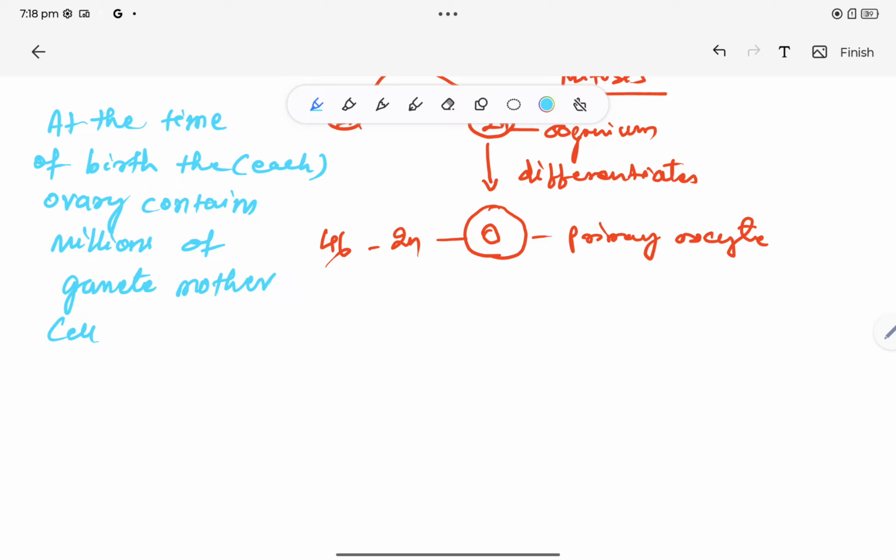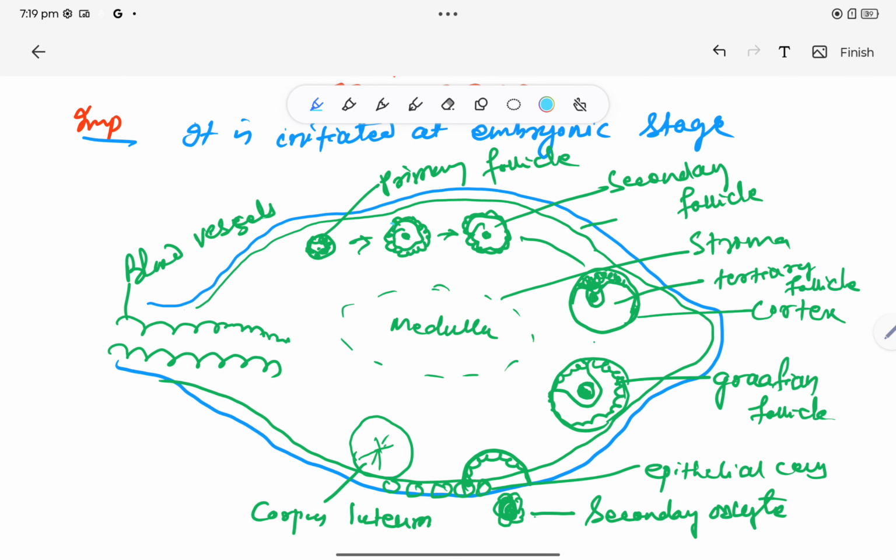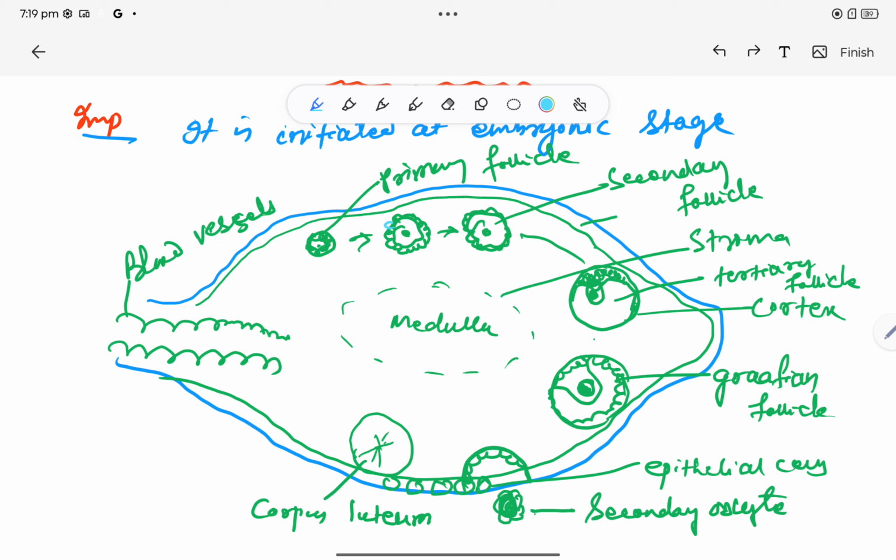Actually, the primary oocyte is present inside the primary follicle. So here what happens, the cells of the cortex are gathered to form a structure known as the primary follicle, inside which the primary oocyte is present.